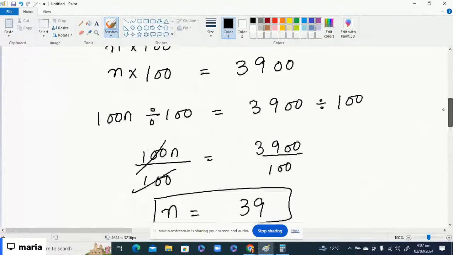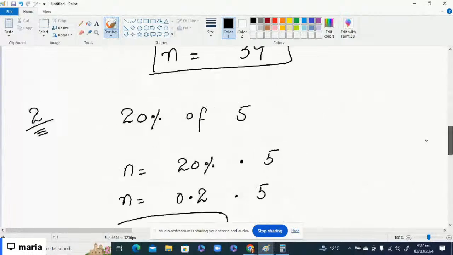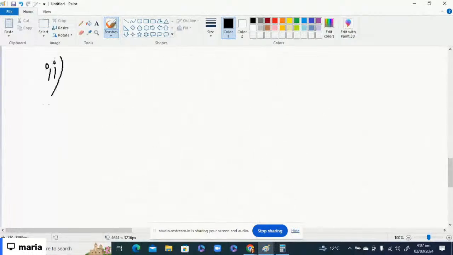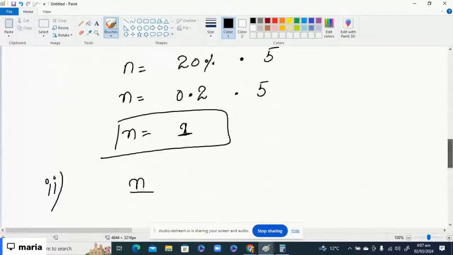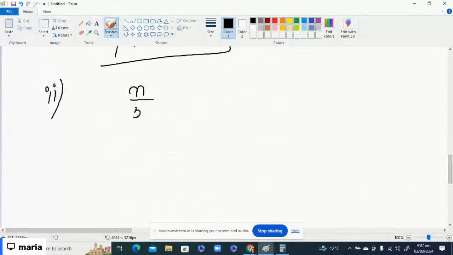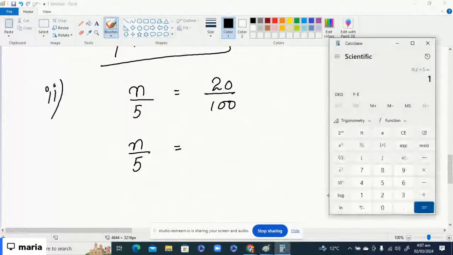Now let's do the second method. n over 5, then 20% is 20 over 100. So n divided by 5 is equals to 20 divided by 100.